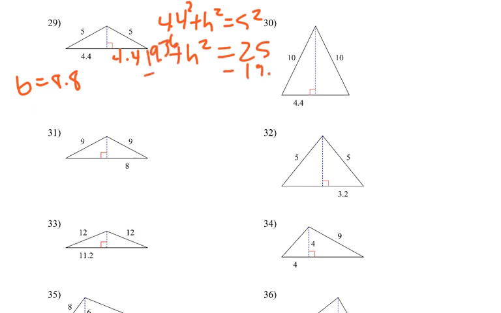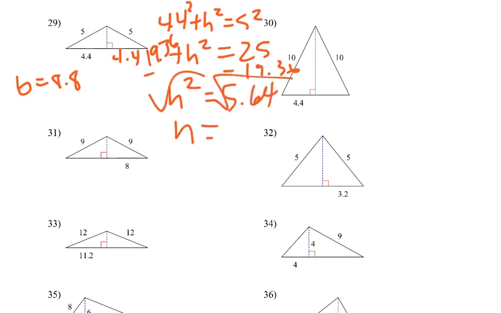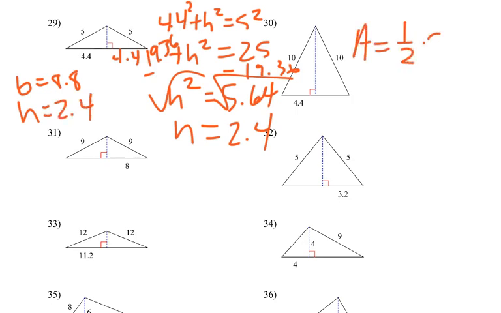Subtract 19.36 from both sides. h squared equals 5.64. Take the square root of that, and h equals 2.4. So area is 1/2 times 8.8 times 2.4, and we get an area of 10.56 square units.